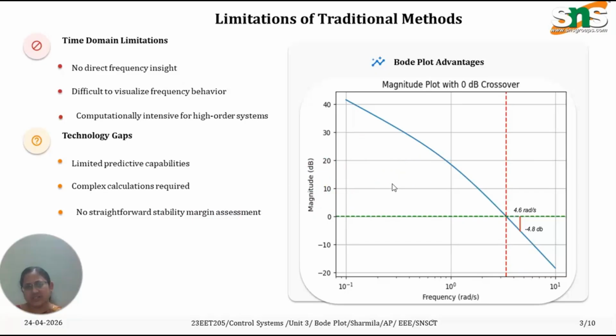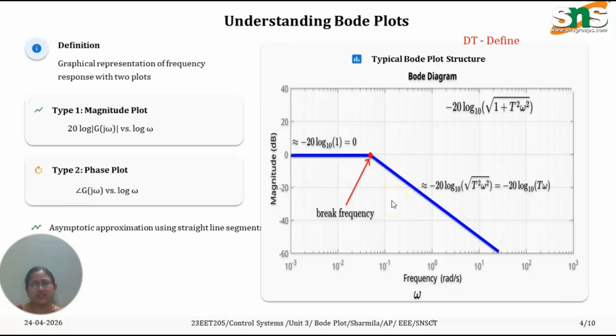So for understanding Bode plots, now let's see the definition. A Bode plot is a graphical representation of a system's frequency response using two plots. The first one is the magnitude plot, which shows 20 log of |G(jω)| versus log ω.